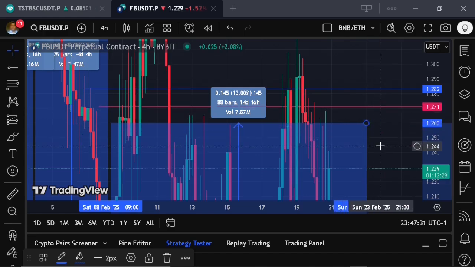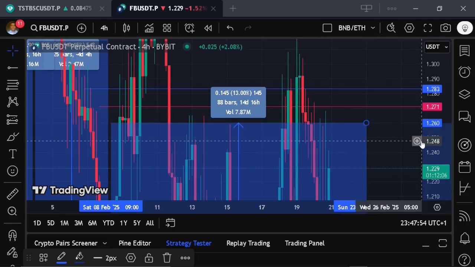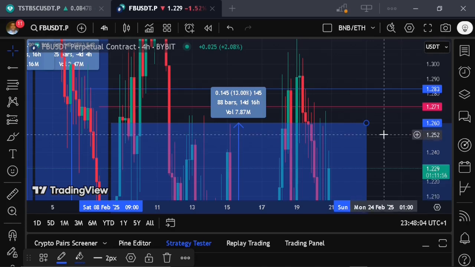So all you've got to do is to wait for the price action of this cryptocurrency to form a green candlestick at the 13th% of the most current bullish trend section. And if it fails to form a green candlestick at the 1.260 price level, you will not open any long trade position. And that's the first entry condition.